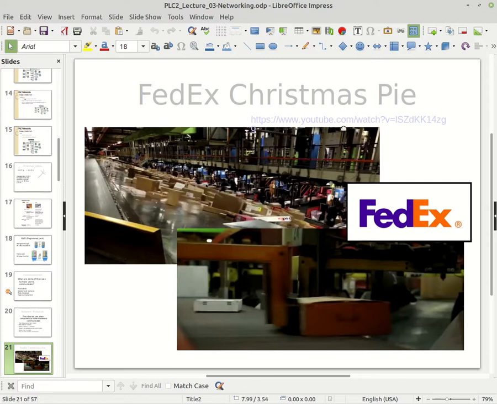If you watch this video, the link is up there, you'll see these packages just flying through there. Like you see right here on the bottom, this package is just flying down this conveyor where this white box is, and all of a sudden this arm just whips out and pushes this box down this chute and sends it off this way so that it'll be loaded onto the correct plane and hauled wherever its destination is.